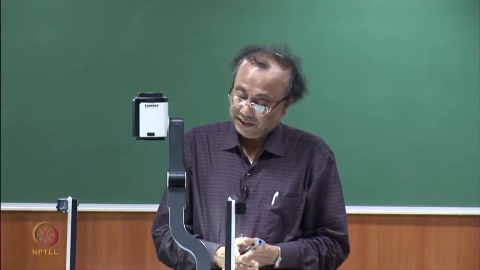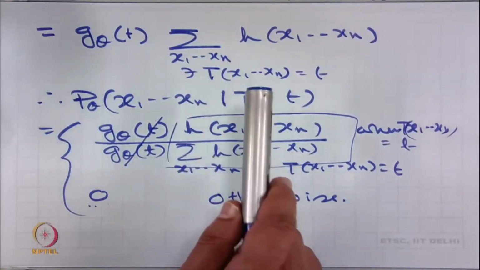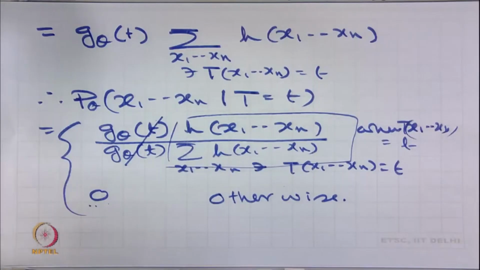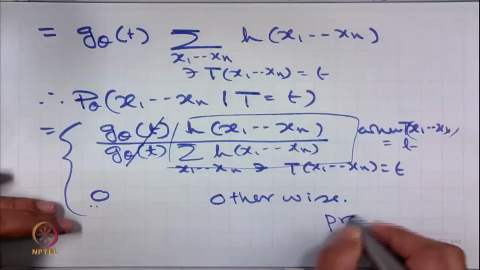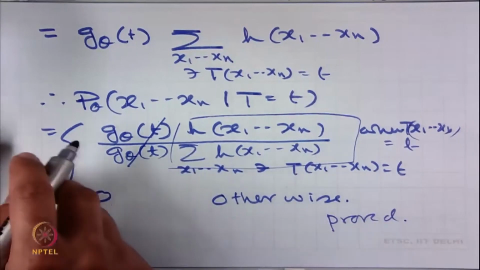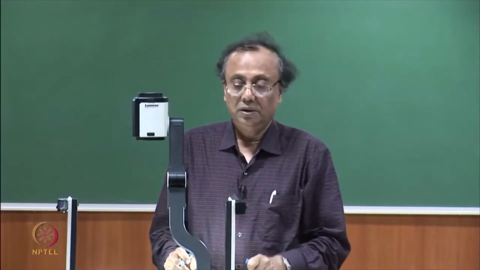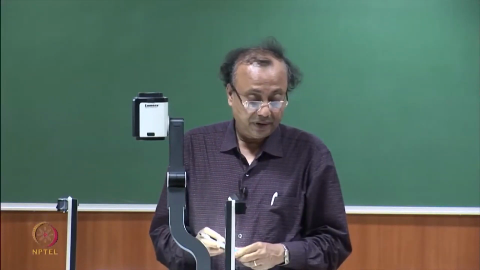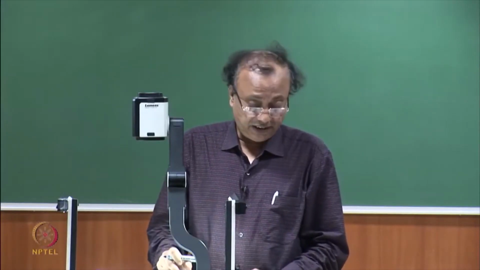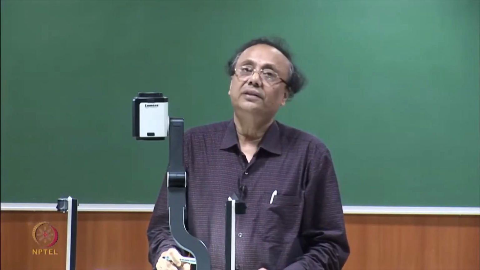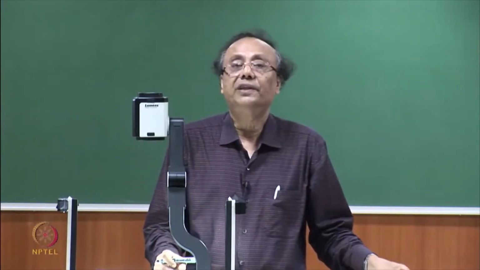Therefore, the conditional density of x1, x2, ..., xn given T equal to small t is independent of theta. Therefore, that is a necessary and sufficient condition to check if the given T is a sufficient statistic to estimate theta.